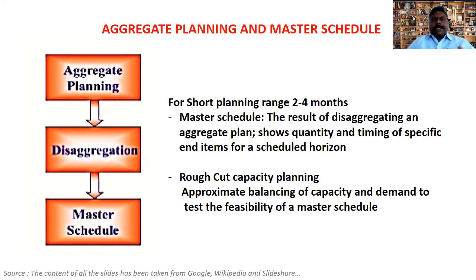A schedule is simply a timetable of activities. It involves rough-cut capacity planning, approximate balancing of capacity and demand to test the feasibility of a master schedule. So after aggregate planning, we go for disaggregation, and after that we plan the master schedule.